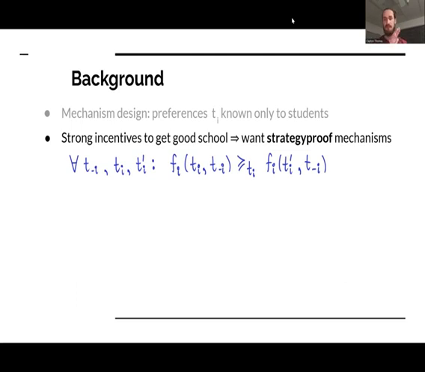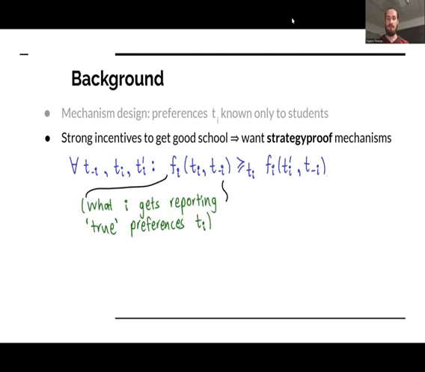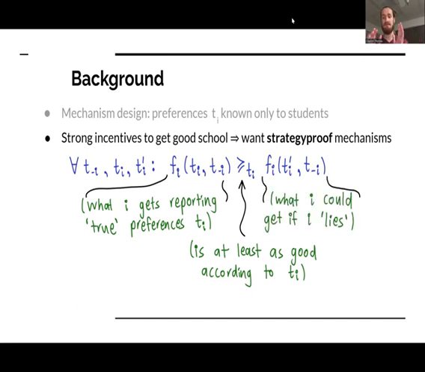What does this mean? Let's not read out the math, but let's just say, strategy-proofness means that what a student i gets reporting their true preference list, Ti, is at least as good, according to that true list Ti, as anything they could get under any alternative Ti prime that you might think of as a lie.